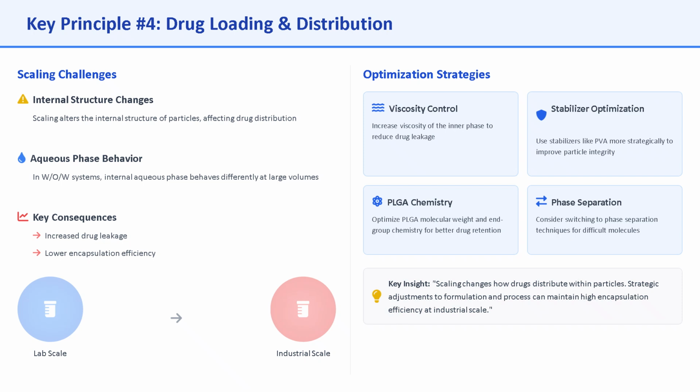Microfluidic arrays give you exquisite precision, but throughput is limited. Membrane emulsification strikes a balance. Excellent uniformity with good industrial scalability. Choosing the right technique is like choosing the right vehicle for a road trip. You don't ride a bicycle across the country. The method has to match the scale.